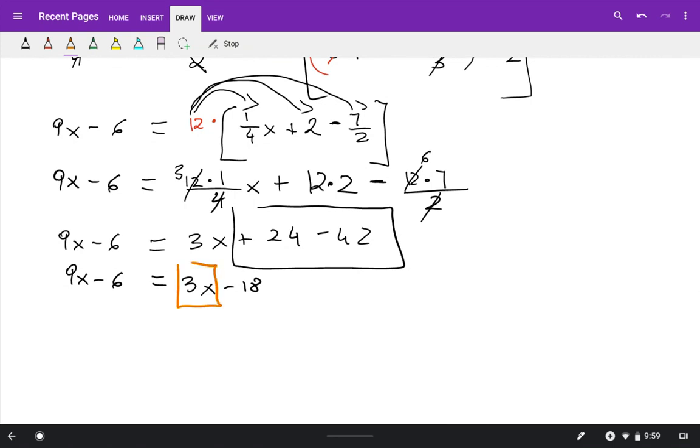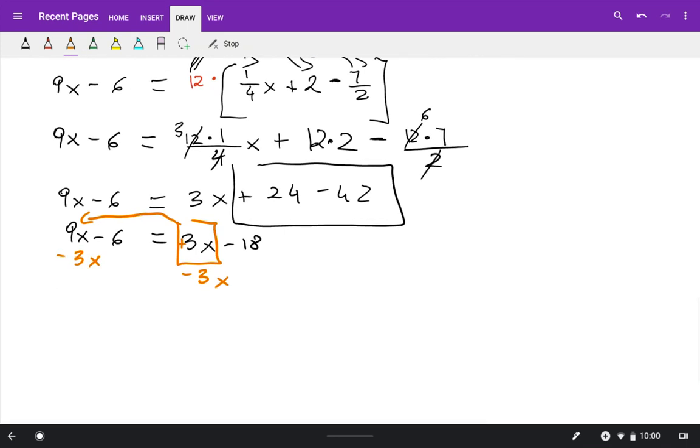Now I want to combine like terms. So x's, I'm moving to the left side. So we're going to subtract 3x. Always opposite. This is positive. So that's why we're subtracting 3x from both sides. And we have 9x minus 3x, which is 6x, minus 6, equal, here that cancels, negative 18.